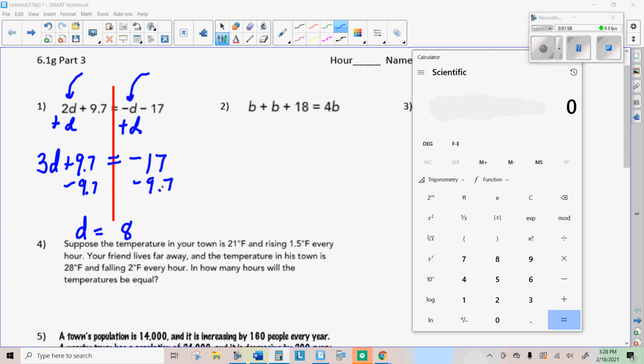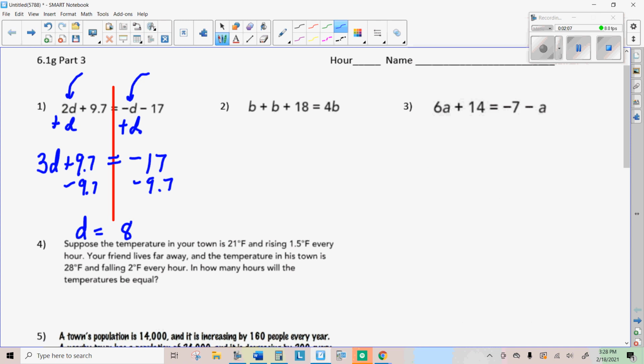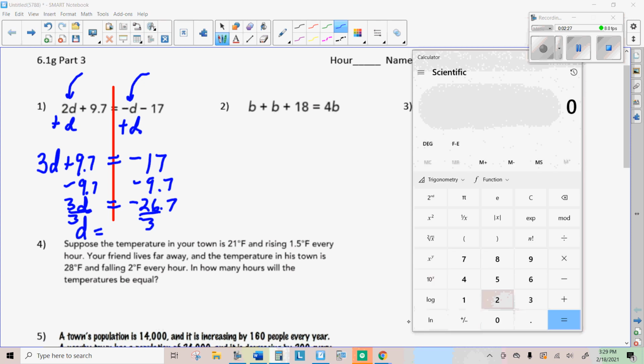So negative 17 minus 9.7 is negative 26.7. And then on this side now we are just left with the 3d part. And then I just have to divide by 3. And negative 26.7 divided by 3 is negative 8.9.